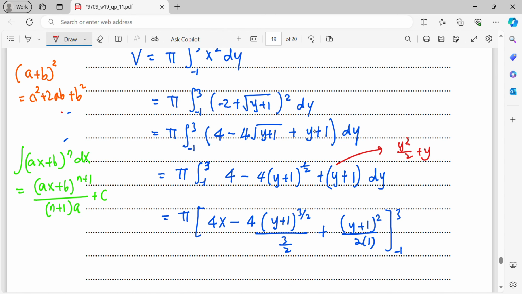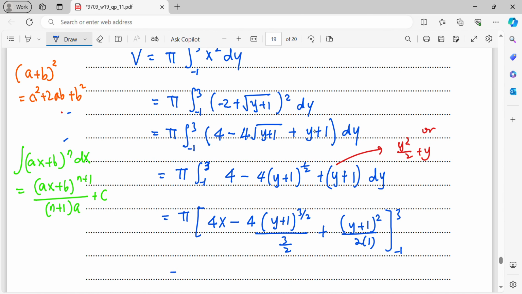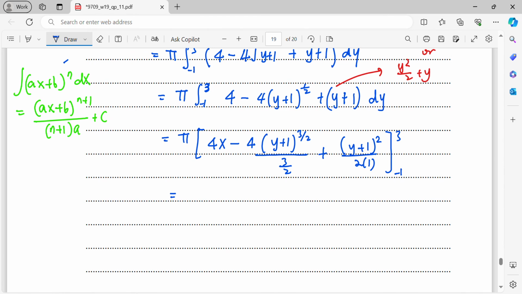So then now I just consider the limits. Before I substitute the limits, I will simplify first. Look at here, 4 divided by 3 over 2. You move up the 3 over 2, it becomes 2 over 3. So 2 over 3 times 4 will be 8 over 3. So I will get pi times 4x minus 8 over 3.